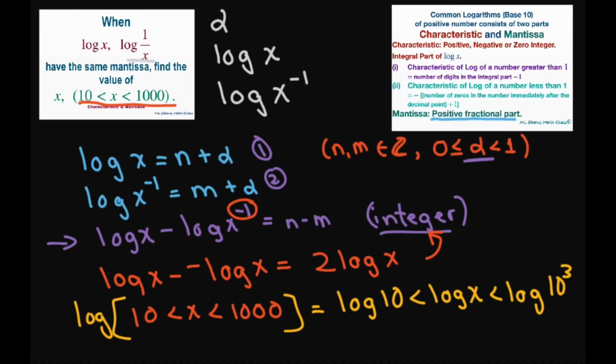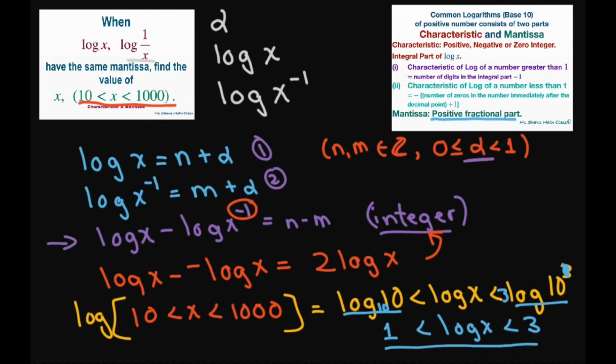This is common log, so log of 10 is just 1. That's 1 is less than log of x. Using your power property, we'll just move this 3 in front. That's 1, so this is going to be less than 3.